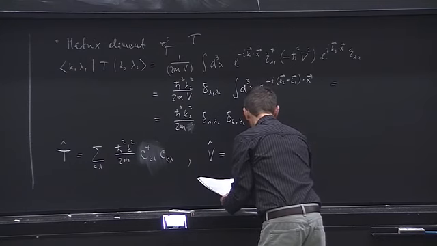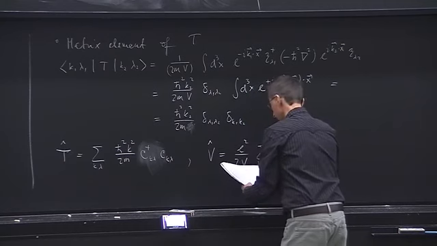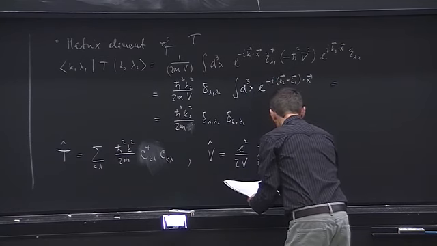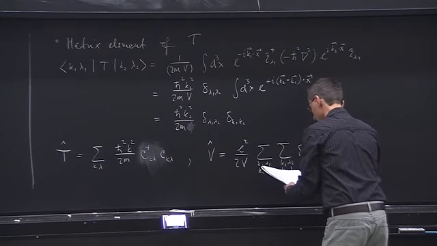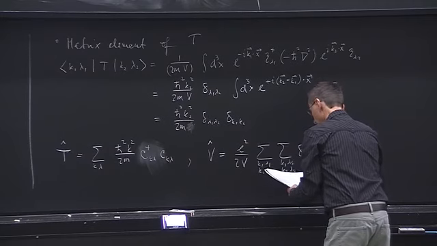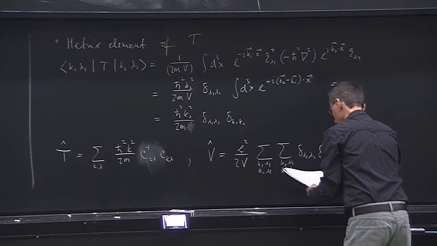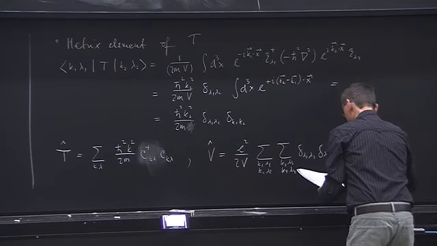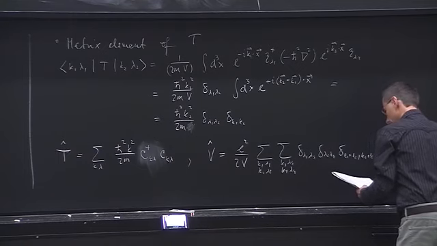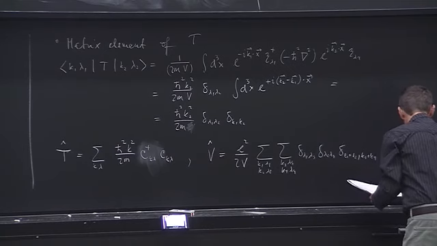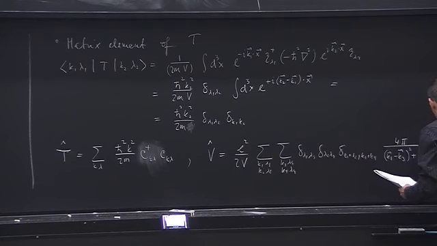I have more summations: sum over k1, lambda 1, k2, lambda 2, k3, lambda 3, k4, lambda 4, delta lambda 1 lambda 3, delta lambda 2 lambda 4, delta k1 plus k2, k3 plus k4, 4 pi divided by (k1 minus k3) squared plus mu squared, c dagger k1 lambda 1, c dagger k2 lambda 2, c k4 lambda 4, and c k3 lambda 3.